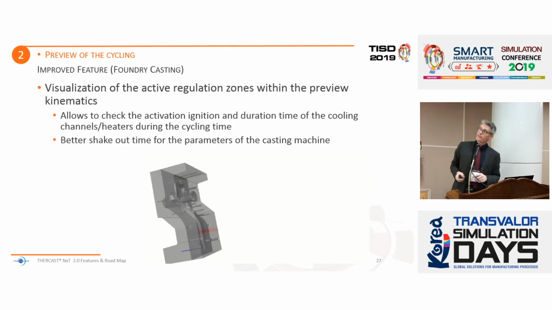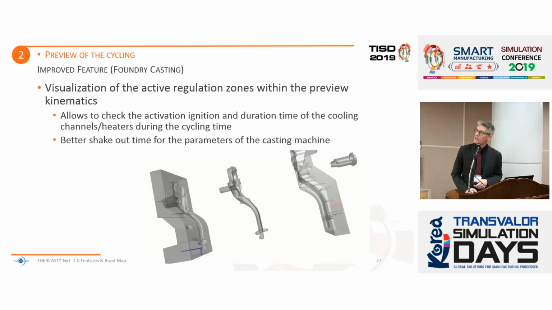Another one which is also very interesting, in the pre-process, is the capability to check and set up the correct cooling time regarding our heating, regarding the cooling channel or heater in terms of thermal casting. So this is a low pressure die casting setup.